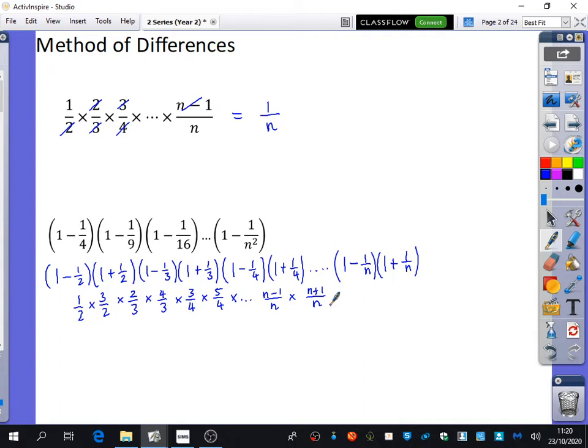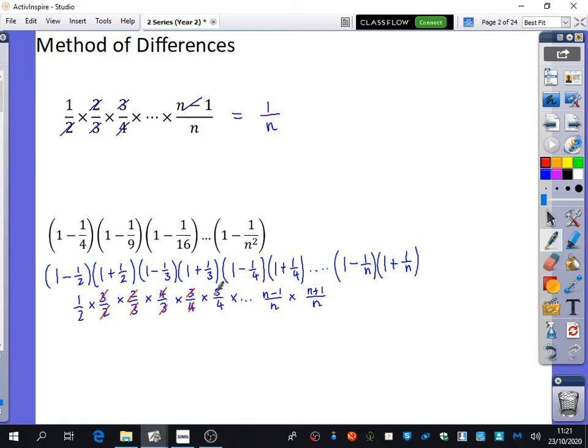Can you see anything that's happening here? You get a lot of pairs cancelling out here. So the 3 and the 3 cancels, and the 2 and the 2 cancels. The 4 and the 4 cancel, the 3 and the 3 cancel.